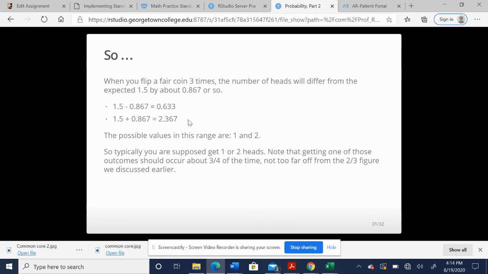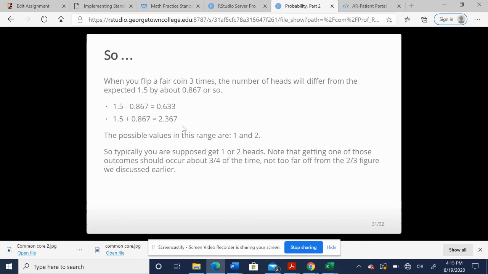Okay, so what does that help us know? Anytime you flip a fair coin 3 times, the number of heads will differ. Okay, we expect it to be about 1.5. Now we know that we're either going to get 1 or 2, but again, statistically speaking, 1.5, but with a standard deviation of about 0.8. So if we subtracted that and added it to the expected value, just like we did with mean and standard deviation last week, we expect about 2/3 of the time to get between 0.7 and 2.3.